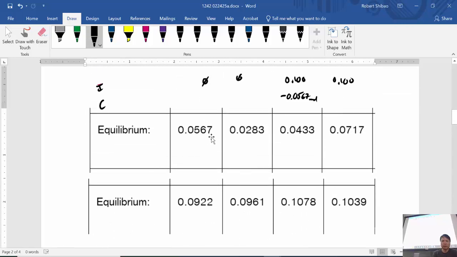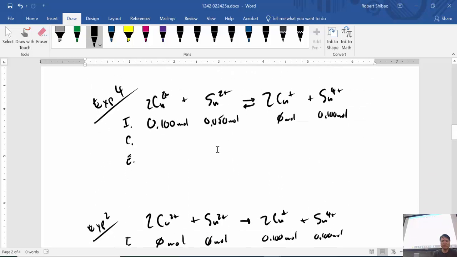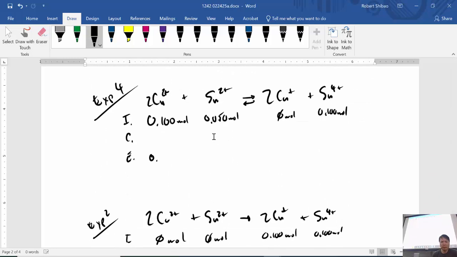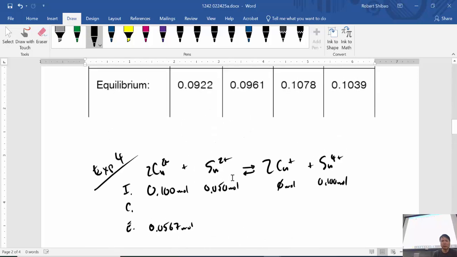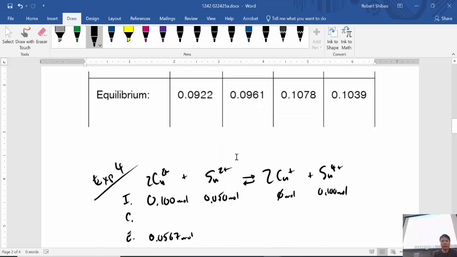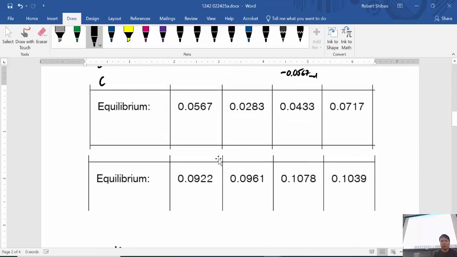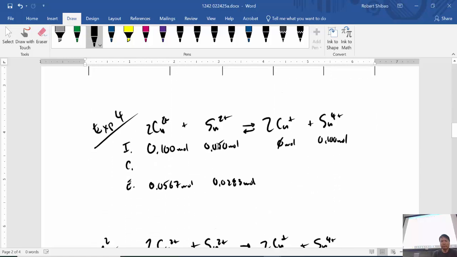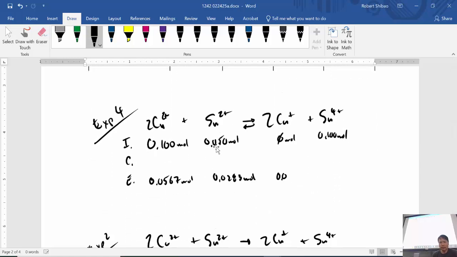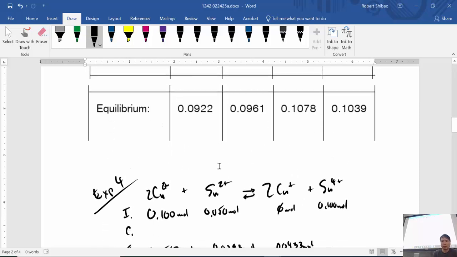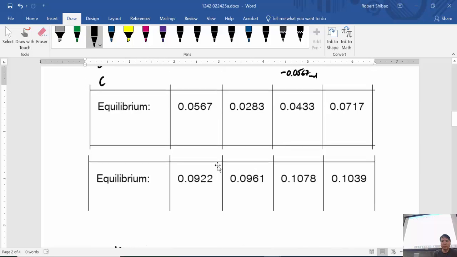This is the data from 2, so 0.0567, 0.0283, 0.0433, 0.0717.